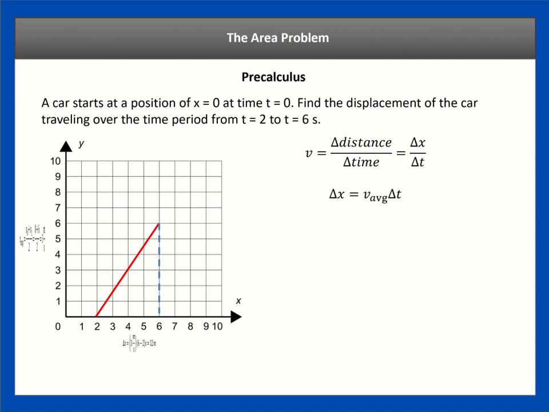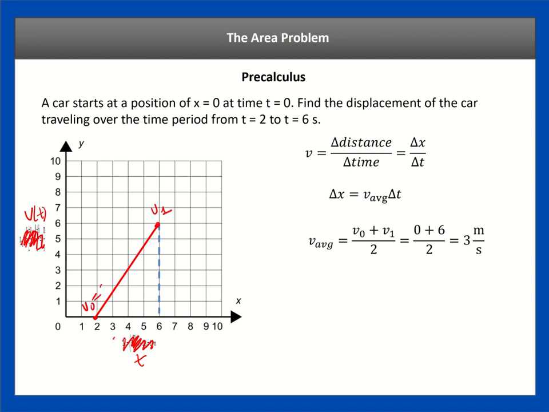So let's take a look at this situation. This time, this is velocity versus time. So let's say that's v of t for velocity, where the velocity varies over time, and this is just going to be time, t. If I have that situation, we know this equation is change in x equals average velocity times change in time. Let's say this is v0 and this is v1.